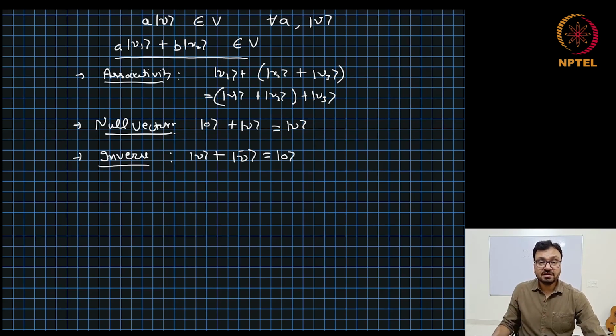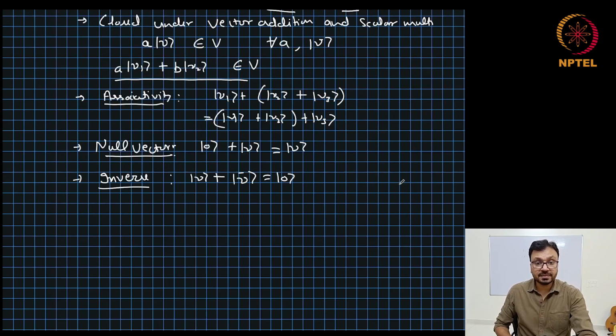So if we have a set of vectors, where vectors can be any abstract quantity or any abstract mathematical structure, such that it can be worked out with the scalars, and we can define operations such as scalar multiplication and vector addition over it, then that set of vectors can be called a linear vector space if it satisfies these four conditions.